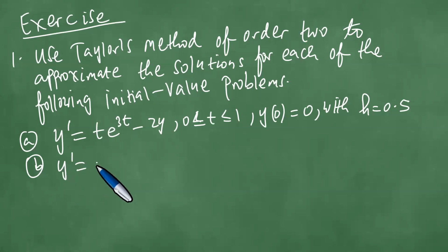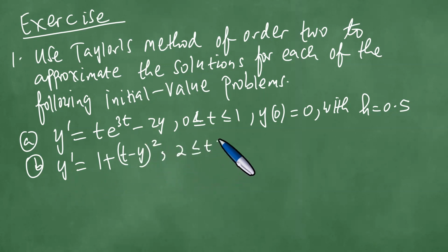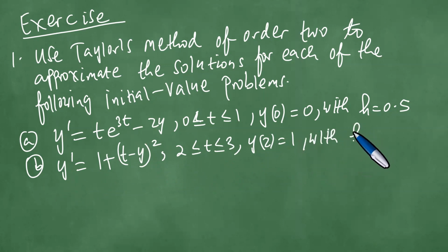Part B: y prime is t minus y, t from 2 to 3, y at 2 is 1, with h 0.5.